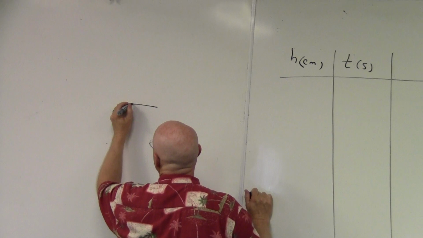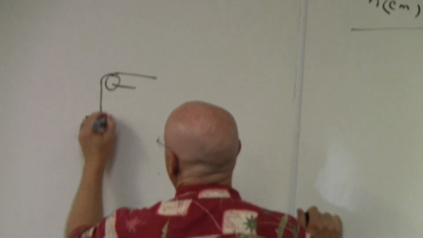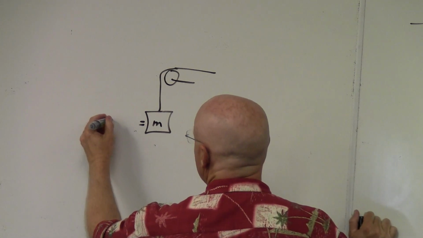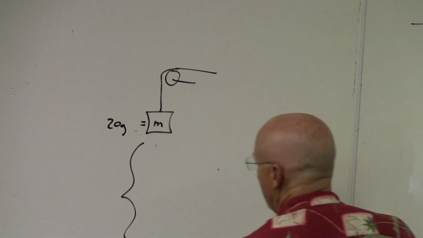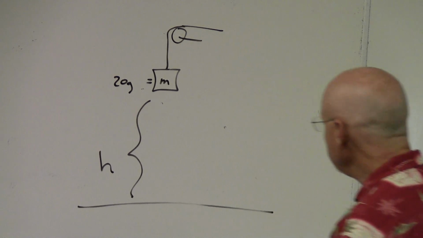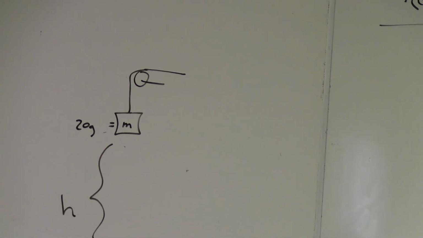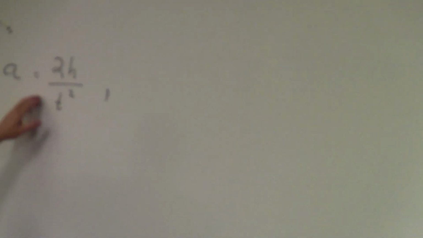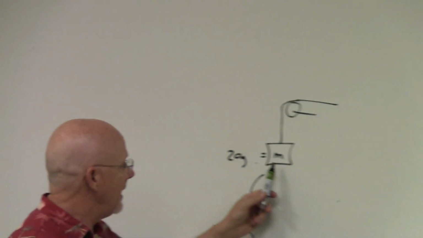So here's the string going over the pulley. And here's the little mass here, which, as I said, is 20 grams. And so if I start with it some distance above the table, and I measure the height and the time, as I said, this first equation will allow me then to calculate the acceleration.